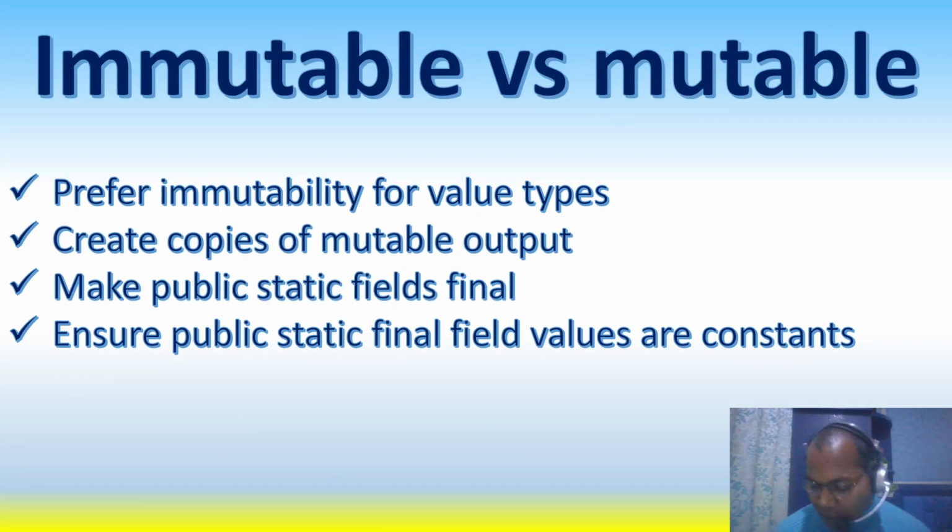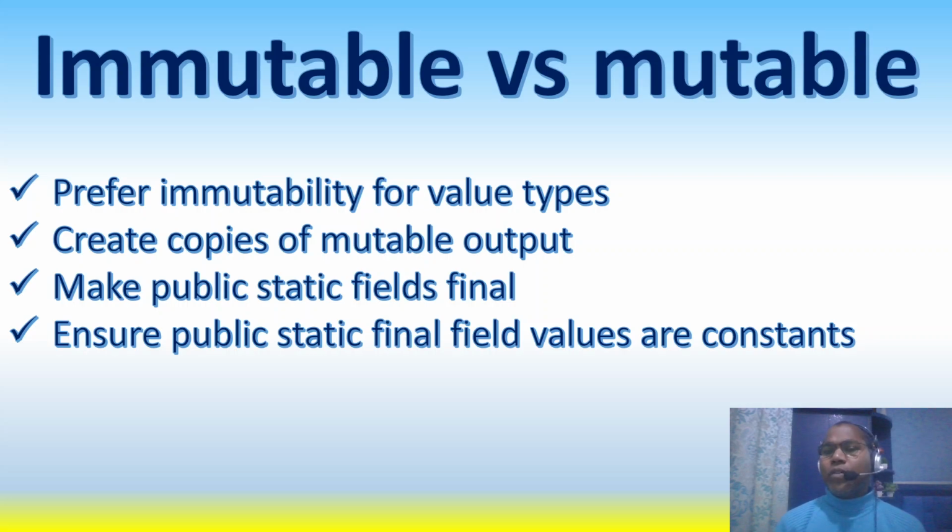Let's move to the next, very important thing: mutability and immutability. I'm not saying mutability is very good or immutability is very good. As a developer, we have to make a balance. Why does the Java language support both?